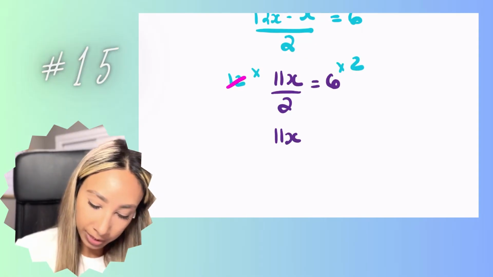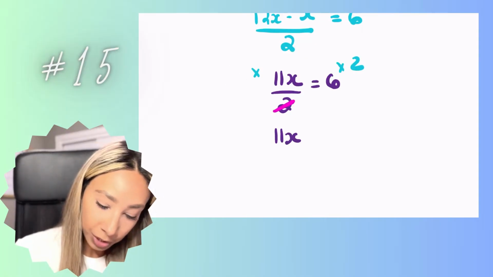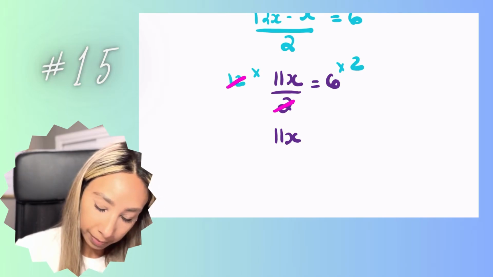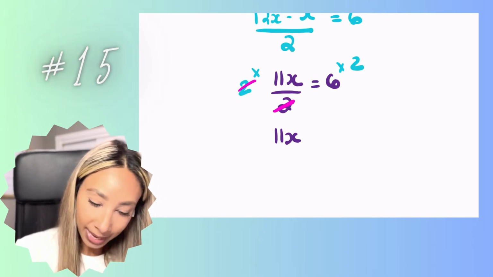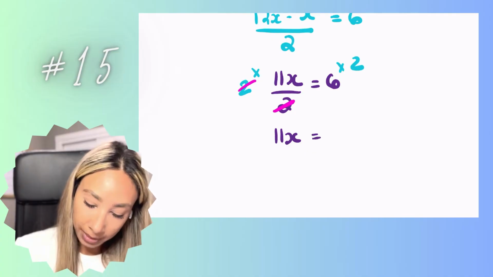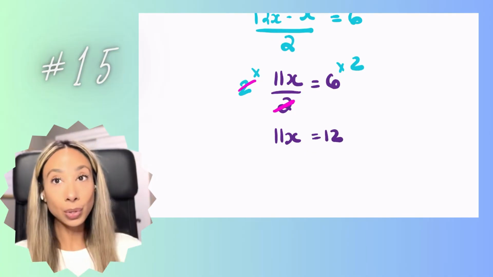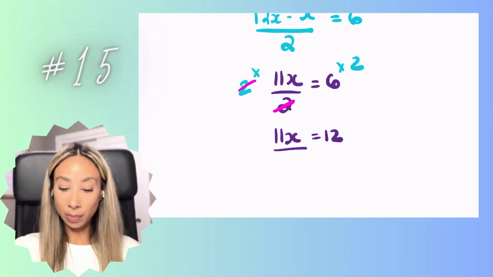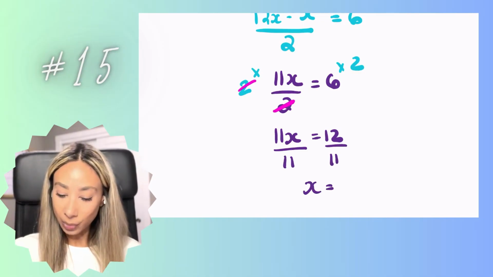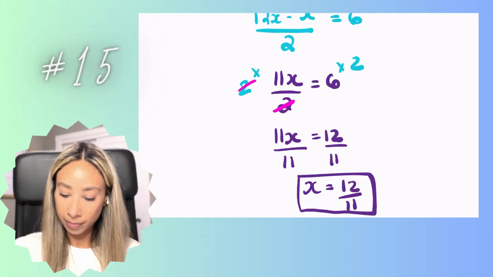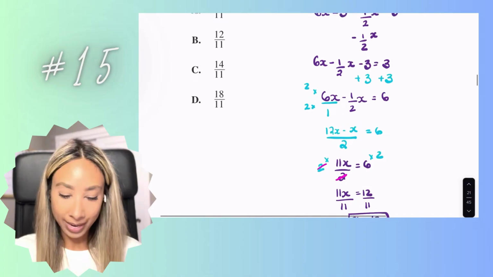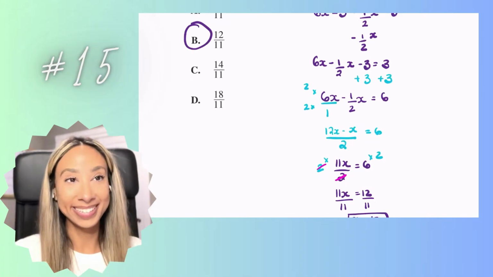And I'll write this off just to say that it cancels off. Sorry, that should have been a 2 there, not a 12. There we go. That's going to leave me with 11x on the top is equal to 12. To get x alone, x is being multiplied by 11, so I'm going to divide both sides by 11. So x is equal to 12 over 11. So our answer to this one is going to be answer B.